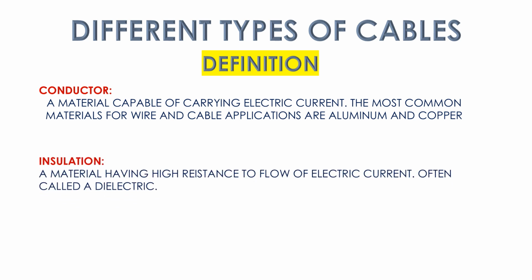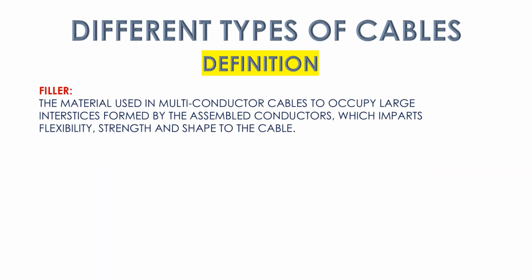Insulation: a material having high resistance to flow of electric current, often called a dielectric. That's why we need to test the dielectric strength of your cable. Meaning we're talking about the insulation. Another definition, the filler: the material used in multi-conductor cables to occupy large interstices formed by the assembled conductors, which imparts flexibility, strength, and shape to the cable.